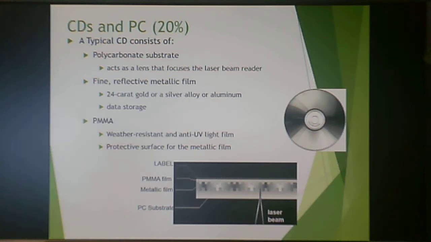That metallic film consists of gold or silver alloy or aluminum, and that's where your data storage actually occurs. PMMA is used on top of that to produce a weather-resistant, anti-UV light film, because polycarbonate does not do well with weather or UV, so it needs the PMMA film on top to protect it. And then, of course, there's usually a decorative label on top.